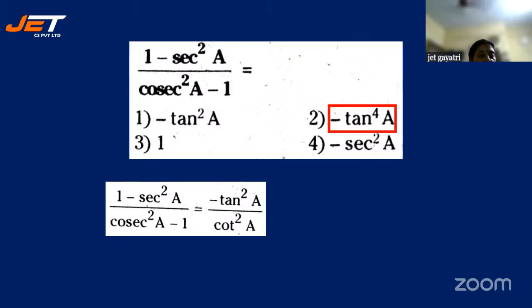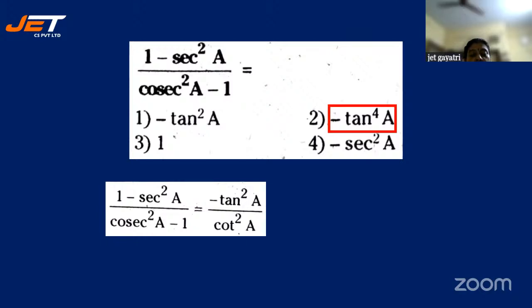Alright, now what is cosecant square theta minus 1? It is nothing but cot square theta, because cosecant square theta minus cot square theta is equal to 1. Right? So now what is cot theta? Cot theta is nothing but 1 by tan theta, isn't it?